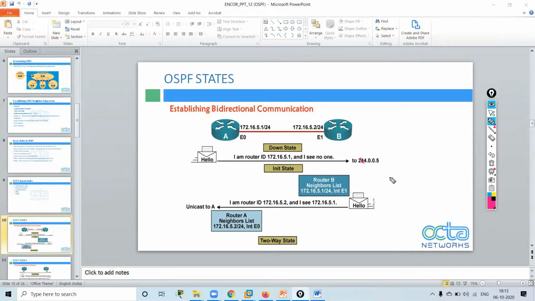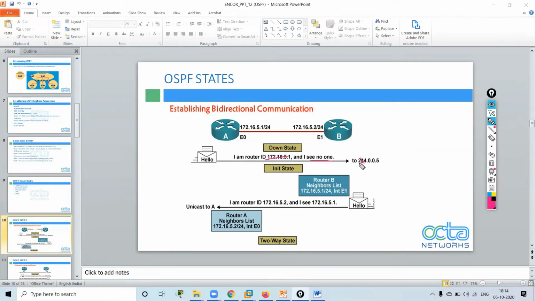224.0.0.5 multicast message, which can be heard only by the OSPF running routers. This is the initialization state. Once router B receives this, it will say, I am router ID so and so, I can see no one.